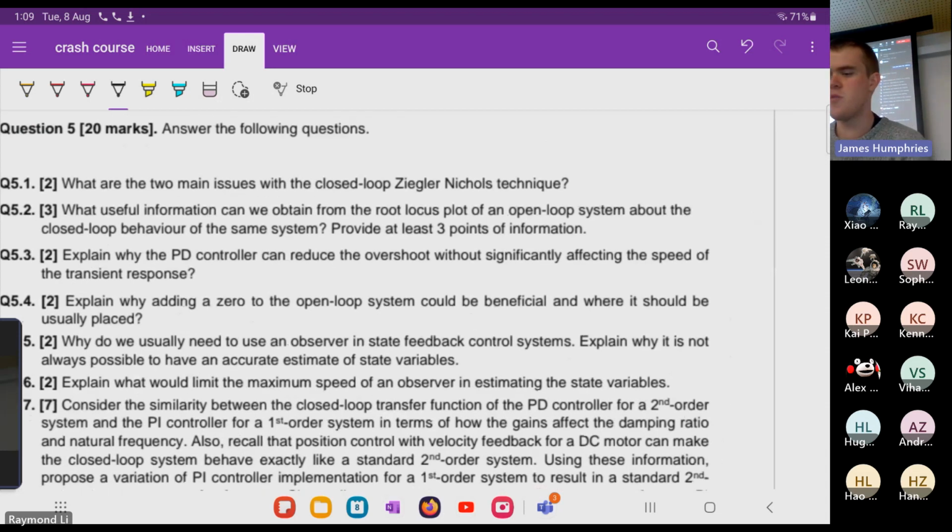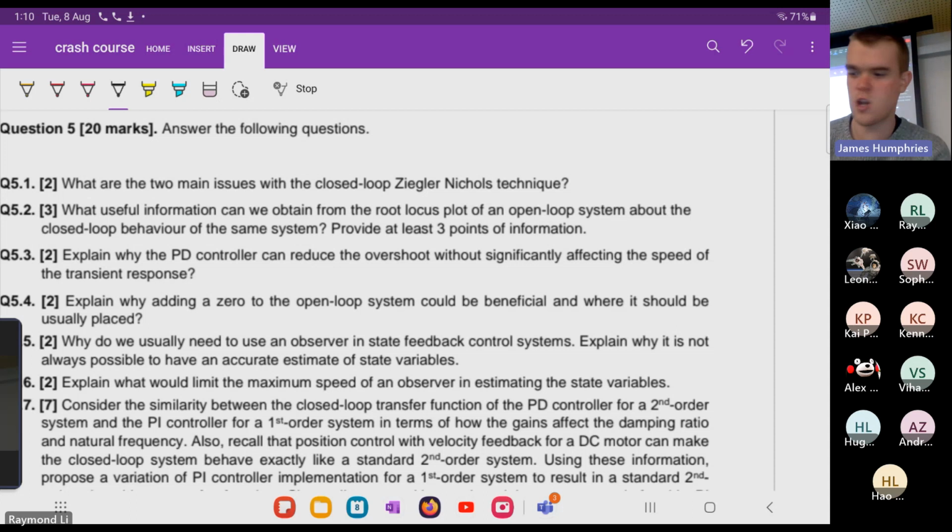Okay, what useful information can we obtain from the root locus plot of an open loop system about the closed loop behavior of the same system? Provide at least 3 points of information. It predicts the placement of poles in terms of K. You can see if the system is going to become unstable.